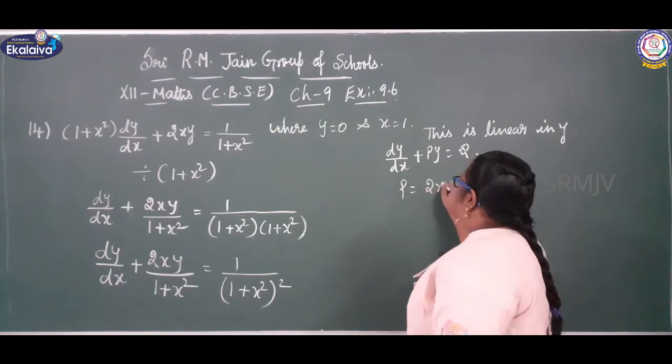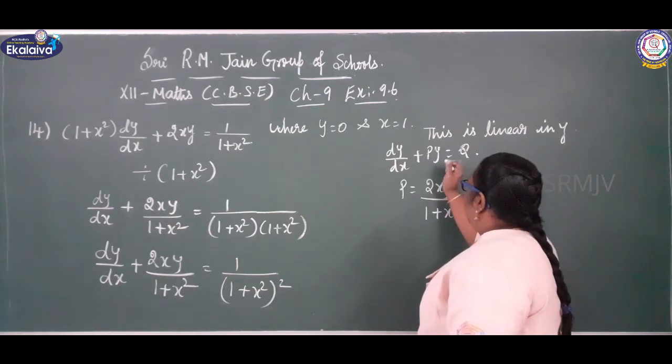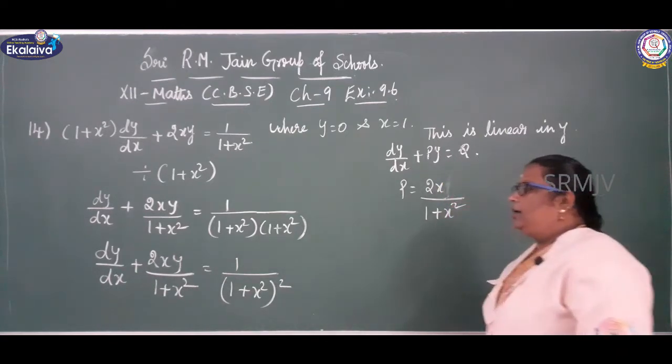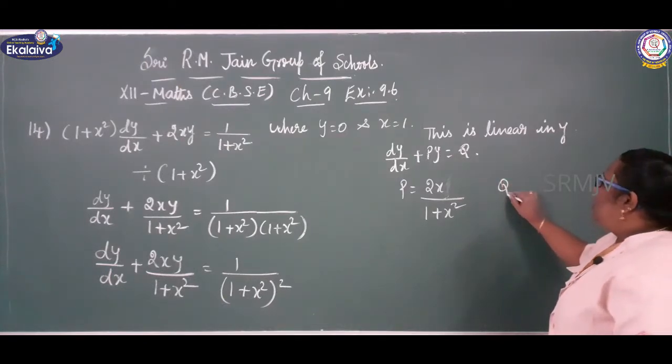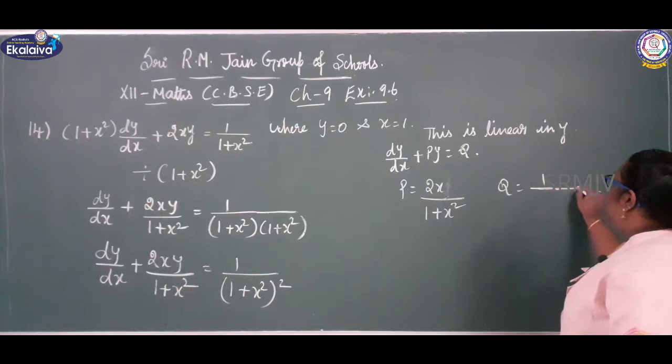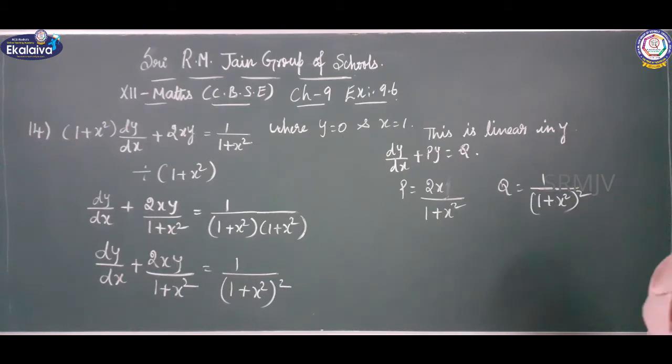P is the y coefficient, 2x by 1 plus x square. So p equal to 2x by 1 plus x square and q equal to 1 by (1 plus x square) the whole square.